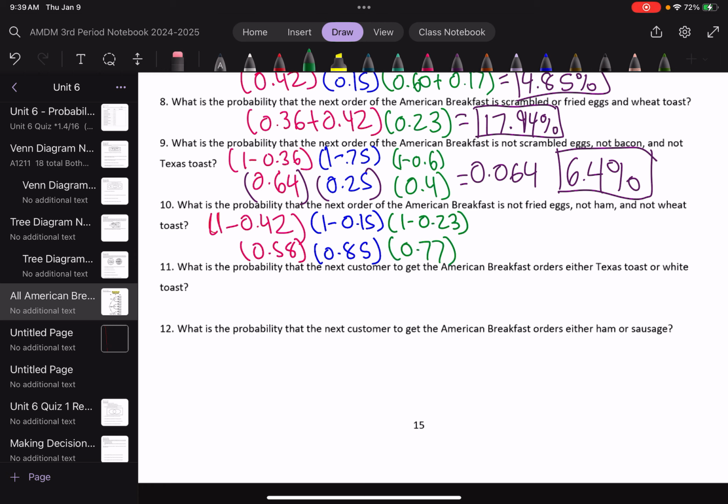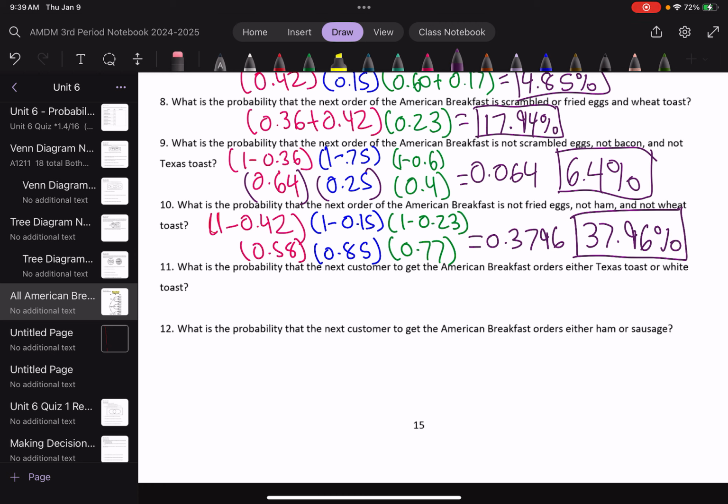So it's 0.58 multiplied by 0.85 multiplied by 0.77. That's going to give us 0.3796, which is a 37.96% probability. So getting a breakfast that doesn't include fried eggs, ham, or wheat toast is a 37.96% chance.